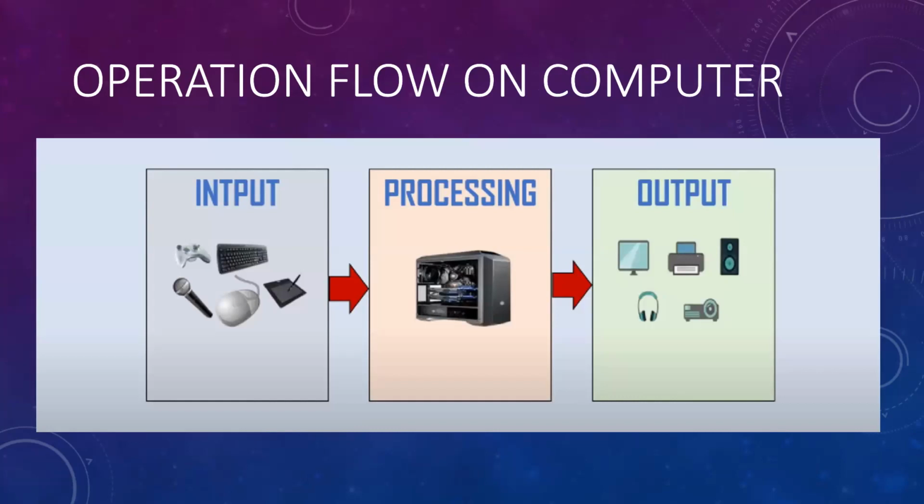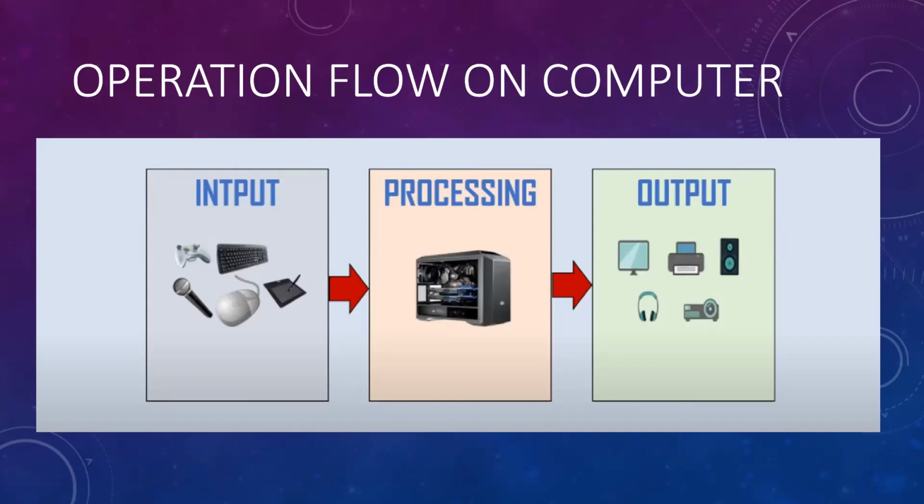The flow of the computer is that you have input devices like the keyboard, microphone, and mouse, so you can type the data, and then you do the process. All the processing is done by the computer hardware, like the CPU, which processes all the input data to the outputs to the monitors.